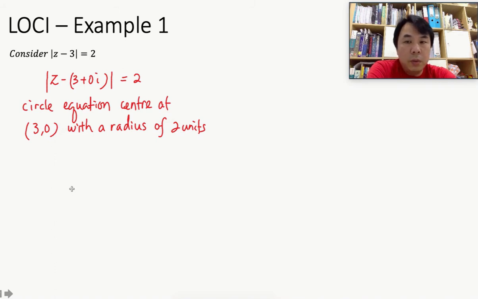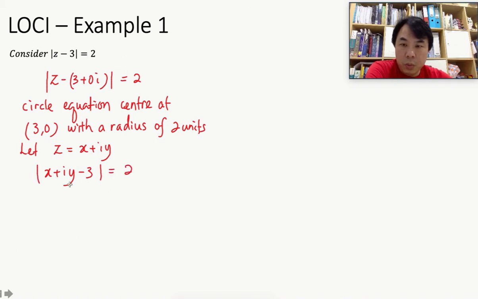Now, of course, if you would like to prove it using algebra, we can. In this case, we will let z equal to x plus iy. So therefore, this can be written as modulus of x plus iy minus 3 equal to 2.